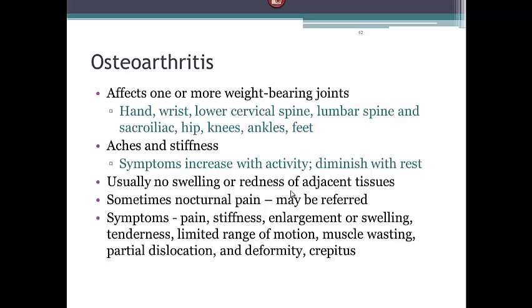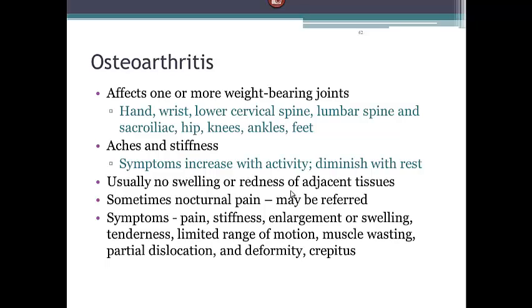Symptoms, again, remember, the onset is gradual. It begins with one joint. This is one of the examples of monoarticular disease that we discussed in the first PowerPoint presentation. Then it could become bilateral. Pain is one of the earliest symptoms.